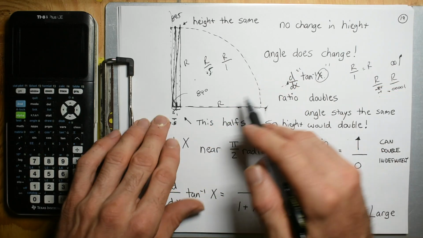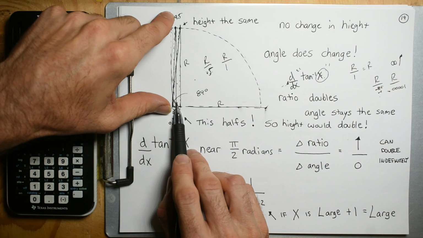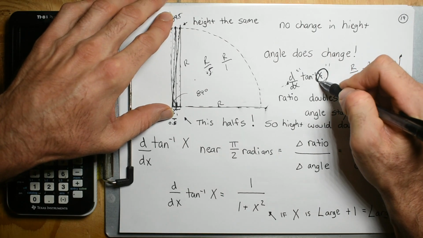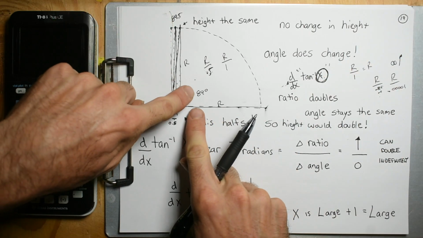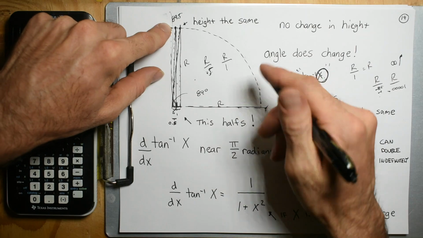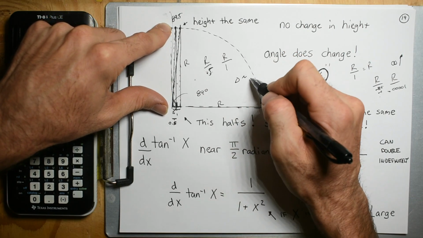Cool. But if we're going from 89 degrees to 89.5, this ratio doubled. And so we can say that 89 to 89.5, especially in radians, is a change in angle that's very, very small.